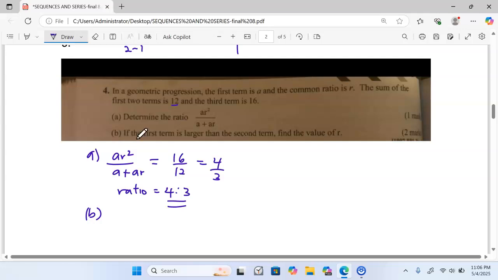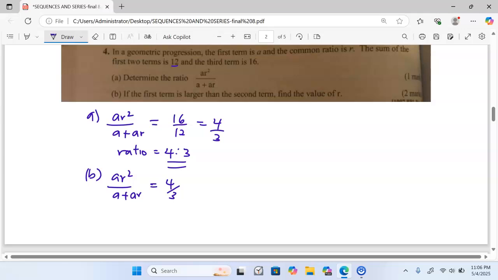In this case, we can take the expression ar squared divided by a plus ar, we equate to the ratio, which is 4/3. Then from there we cross multiply. 3 times ar squared will give us 3ar squared, being equal to 4 times a, you get 4a.